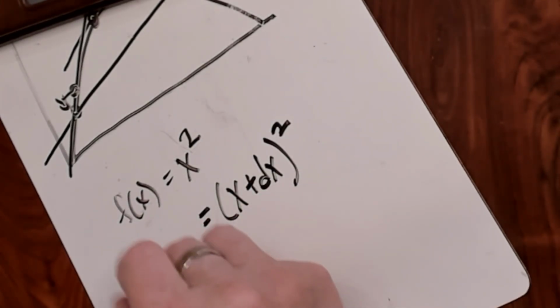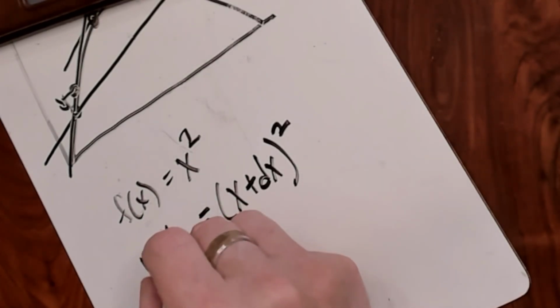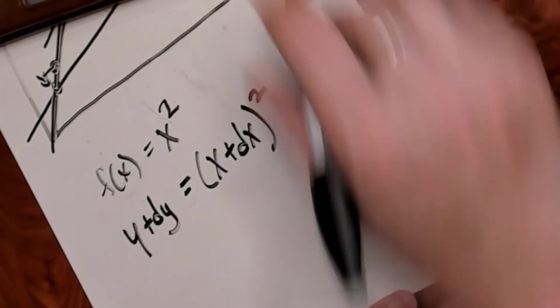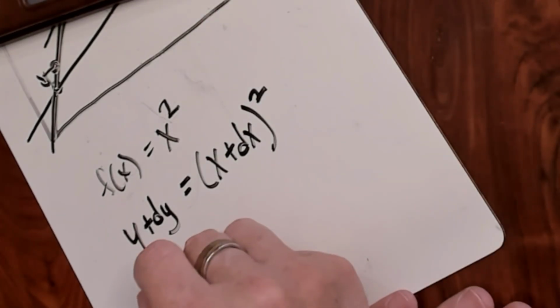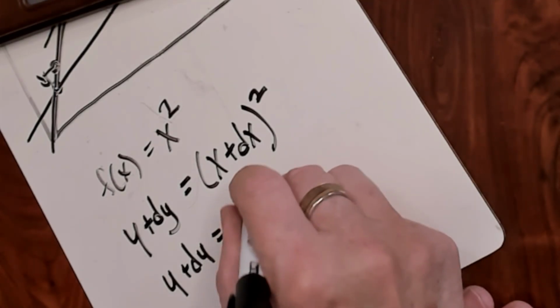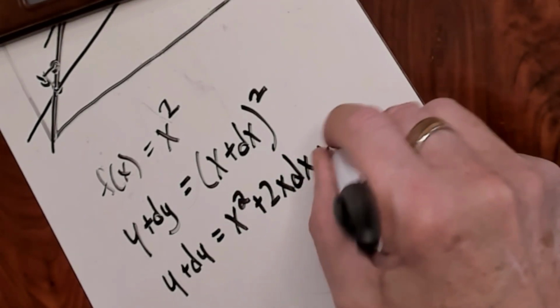Well, that's obviously going to do something with y too. We're going to have to add a little bit to y called dy. Now let's go ahead and solve for this. So y plus dy equals x squared plus 2x dx plus dx squared.